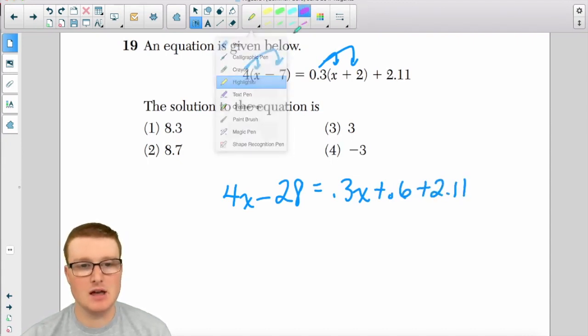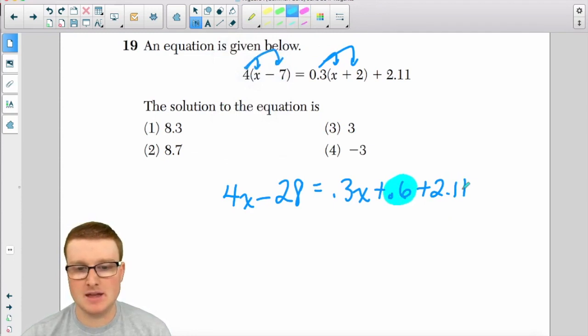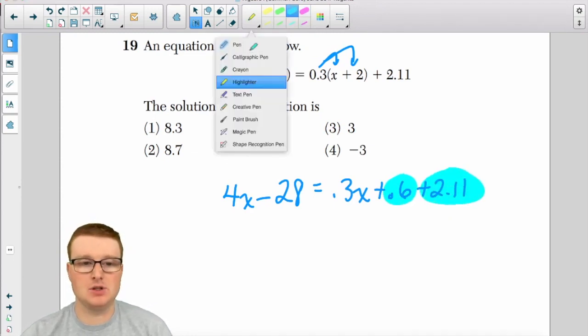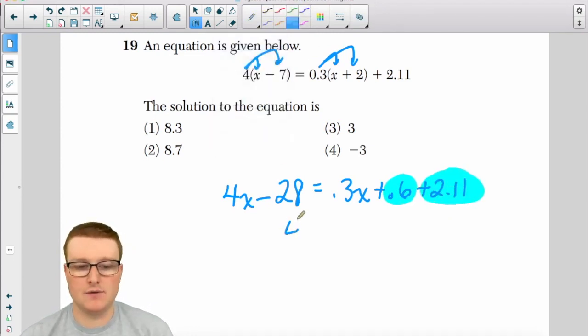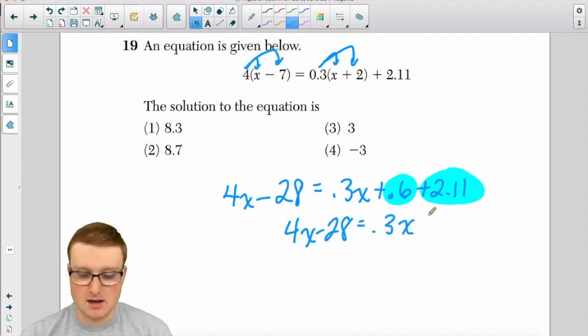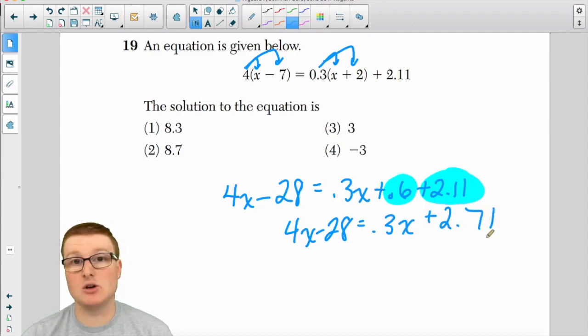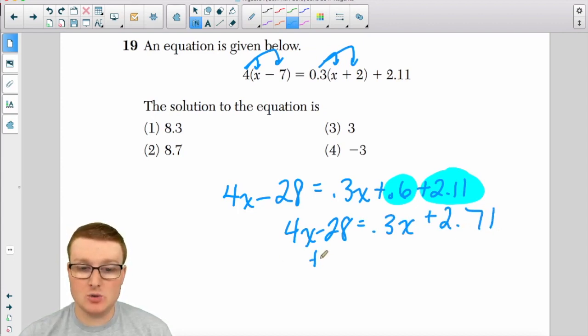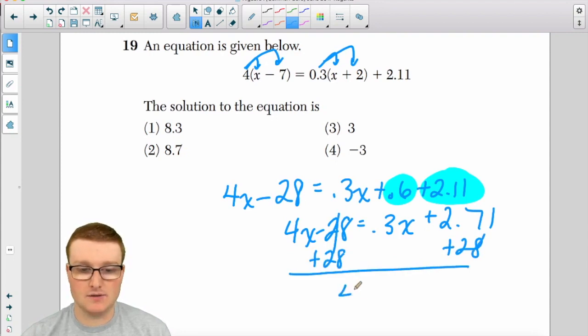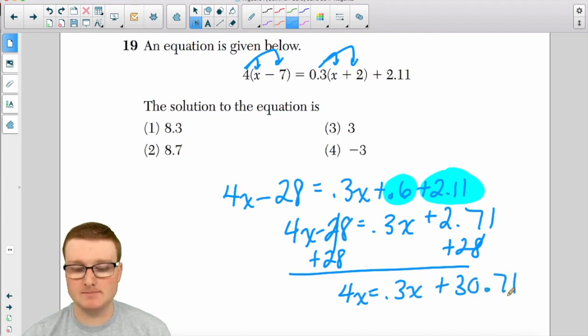Now let's combine like terms. I'm going to combine this term and this term, the 0.6 and the 2.11. So we get 4x minus 28 is equal to 0.3x plus 2.71. I'm then going to add the 28 on both sides. Okay? So we get 4x is equal to 0.3x plus 30.71.